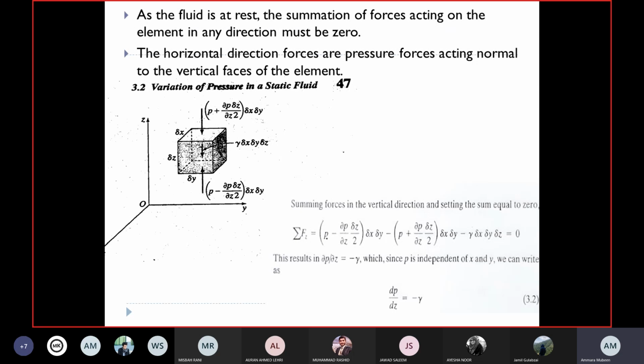P is equal to gamma into H. So how can you prove that?